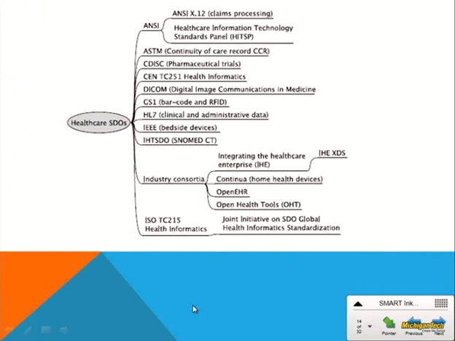Because when you talk about some disease, you must use the standard terminology, or other people don't understand you. Also, we have industry consortia, including IHE, XDS, Continua Health Alliance, openEHR, and Open Health Tools. Also, we have ISO TC 215. This kind of standards development organization is in the book, so I suggest you read the book, where you can find many things.